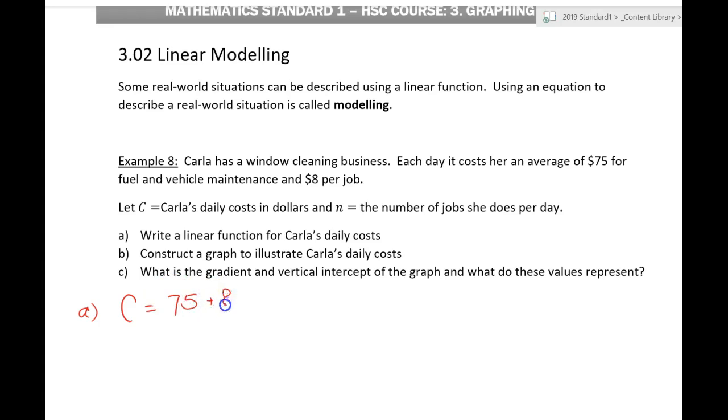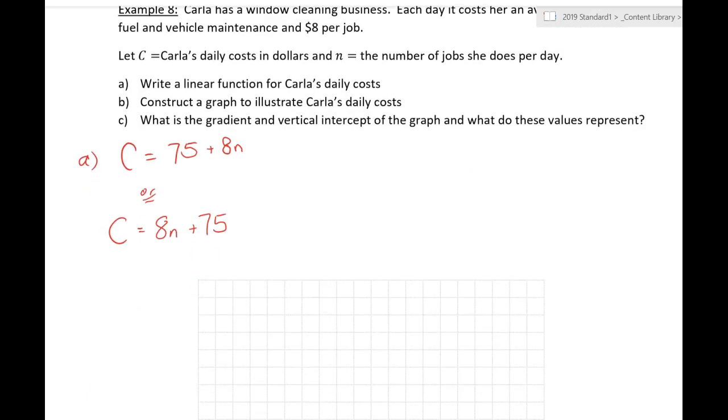So that's 8 times N for the number of jobs. Okay, 75 plus 8N, or just because we like this sort of way of doing things, C equals 8N plus 75. That's just a slightly more standard way of doing it, where we have this variable, in this case N, first, and we have the constant, that's the number without any letters, second.